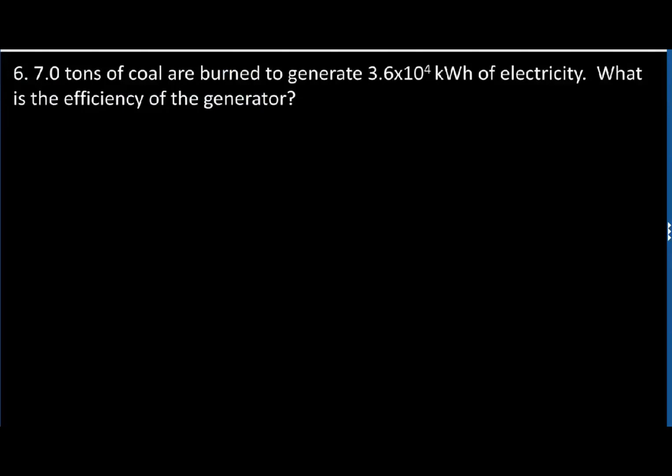Now, number 6. So in this one, we have 7 tons of coal burning, and we're generating 3.6 times 10 to the 4 kilowatts of electricity. So what is the efficiency of the generator? Okay, so this is showing us how many kilowatts. So basically, we're going to take this 7 tons, and we're going to put this in kilowatt hours.